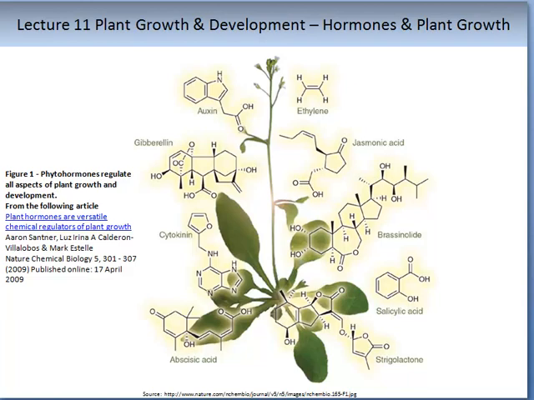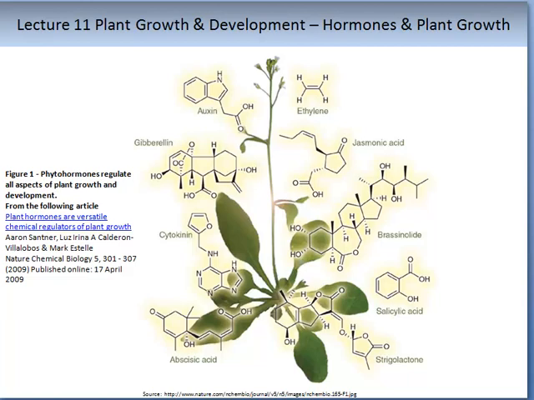This image is from a paper, Phytochromes Regulate All Aspects of Plant Growth and Development, published in Nature by the authors Santner, Calderon-Villalobos and Estelle. It shows you where the plant's hormones are regulated with respect to the plant.